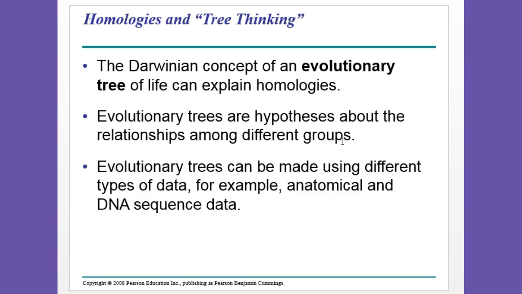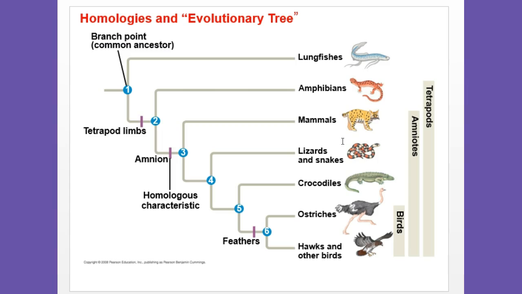So, homologies and tree thinking. The Darwinian concept of an evolutionary tree of life can explain homologies. Evolutionary trees are hypotheses about the relationships among different groups. Evolutionary trees can be made using different types of data, for example, anatomical and DNA sequence data. Okay, here's an evolutionary tree.